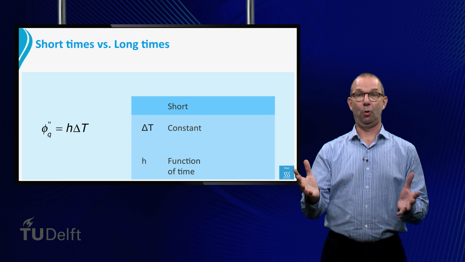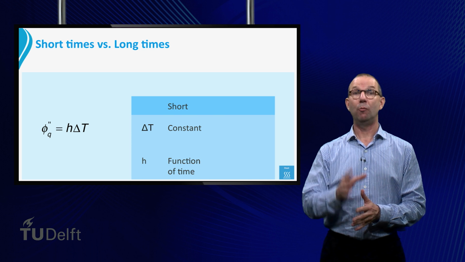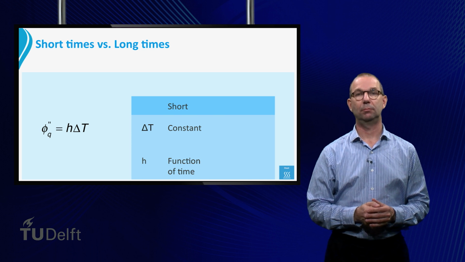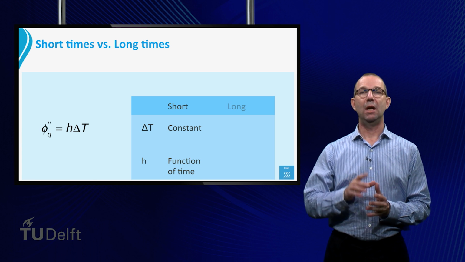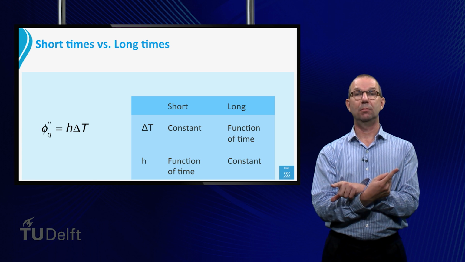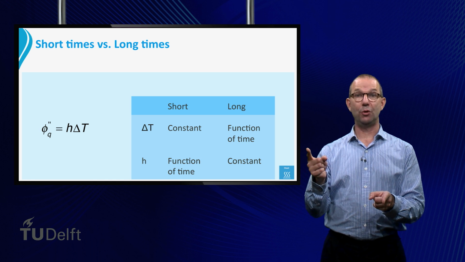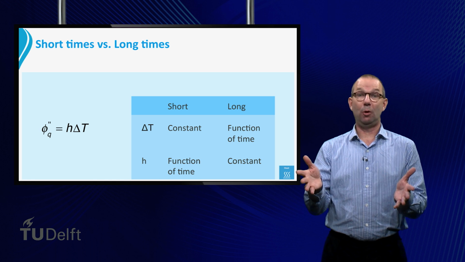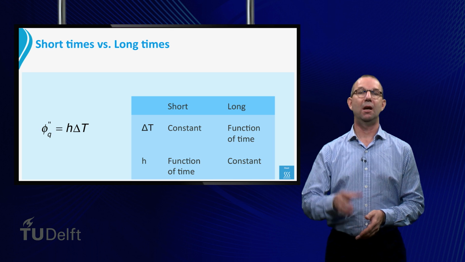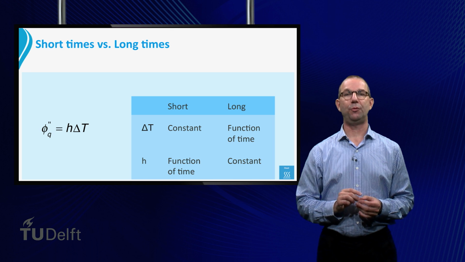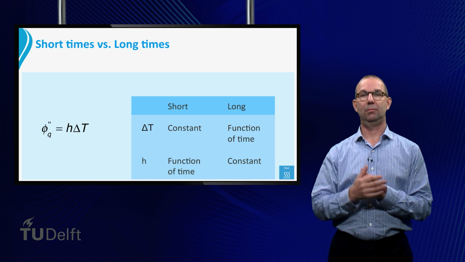The heat transfer coefficient, however, was a function of time. For long times, this is just the other way around. Now, the driving force is a function of time, as T0 is no longer present in the object. Luckily, the heat transfer coefficient is now a constant.